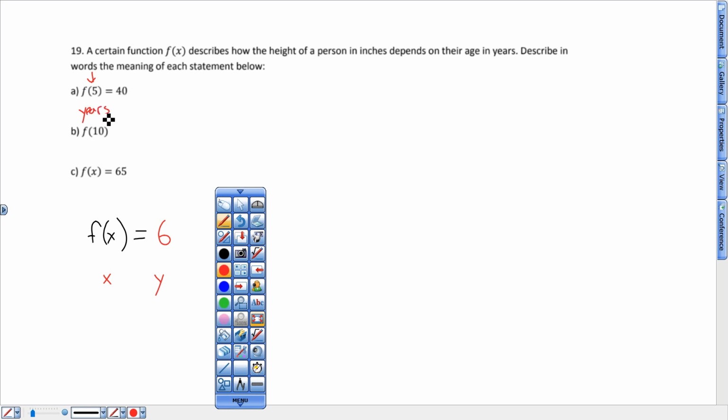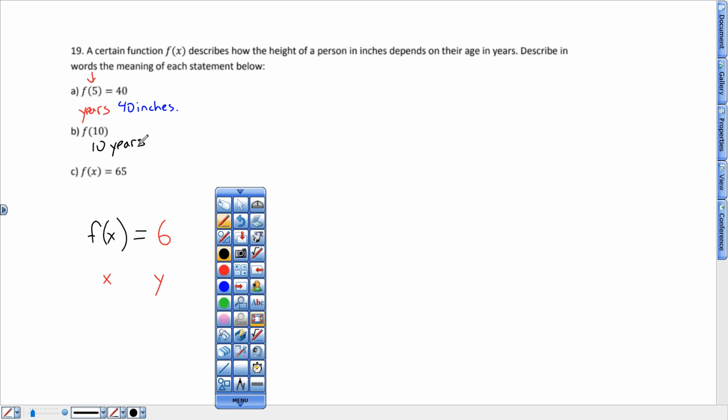Someone who's 5 years is 40 inches tall. That's what this is saying. So that 5 right there represents years, represents x. That 40 represents after 5 years, how many inches. This f of 10 represents 10 years, the person's height after 10 years.